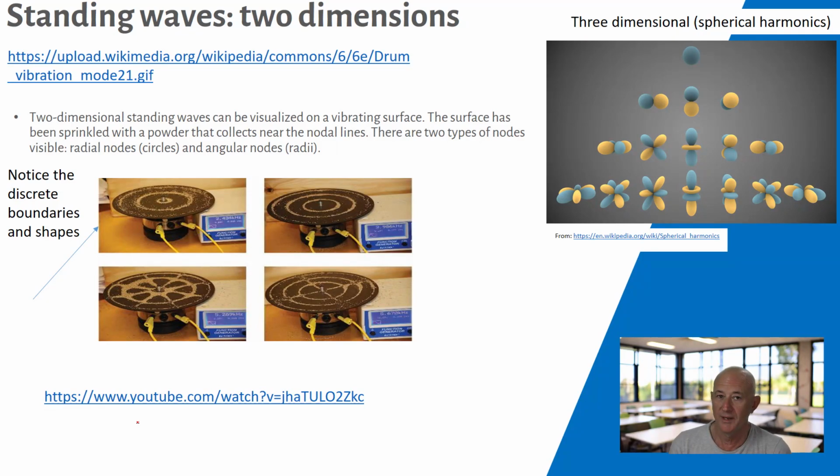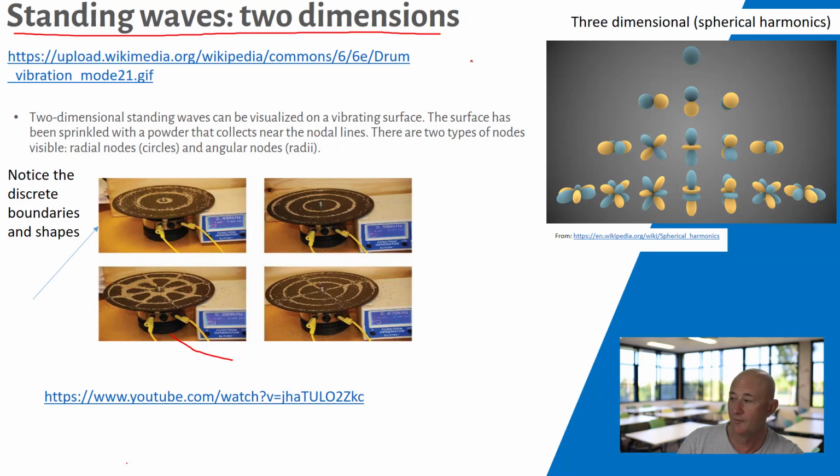Now, before we get on to looking at Schrodinger's quantum numbers and things in a little bit of detail, I just want to again jump back to that standing wave idea. And now we're going to beef it up a little bit, and look at what you would actually get for standing waves in 2 dimensions. Now, the mathematics behind this is overwhelming, to say the least, and clearly you guys don't have to know any of it, but you can show this kind of standing wave phenomenon very easily, just by doing the experiment.